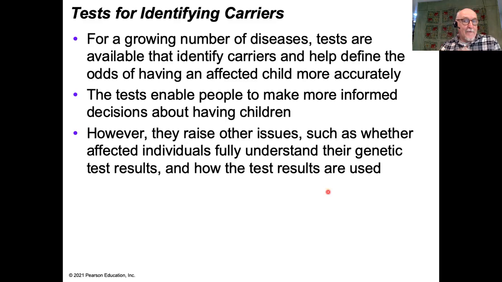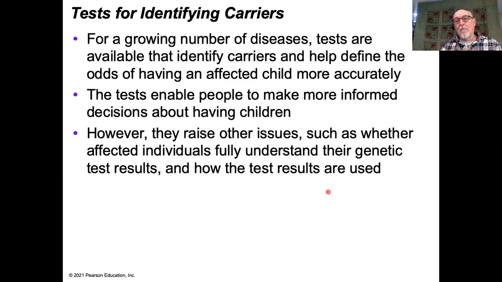And so a lot of effort has gone into identifying carriers of a particular disease, so that they understand, and when they marry, when they have a child with someone, they are able to assess the risk of producing a child which might have the disorder.